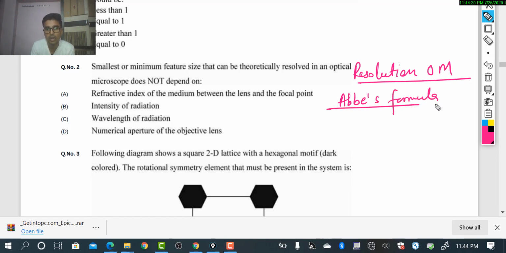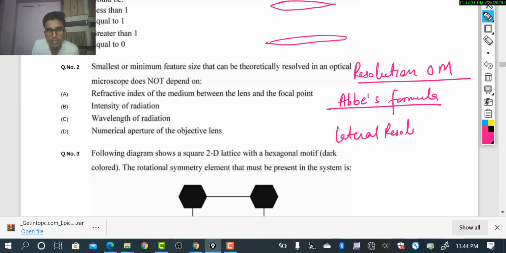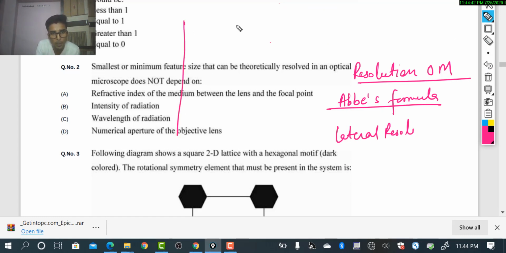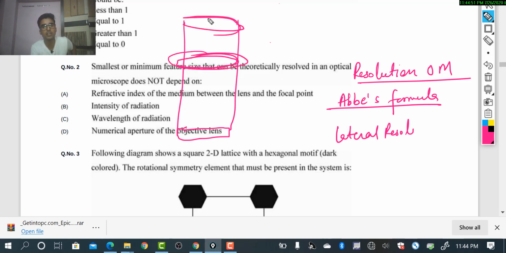So in lateral resolution, what is lateral? Suppose the axis of the optical microscope is this one, and we have put the sample here, and there is an objective lens and a condenser lens.